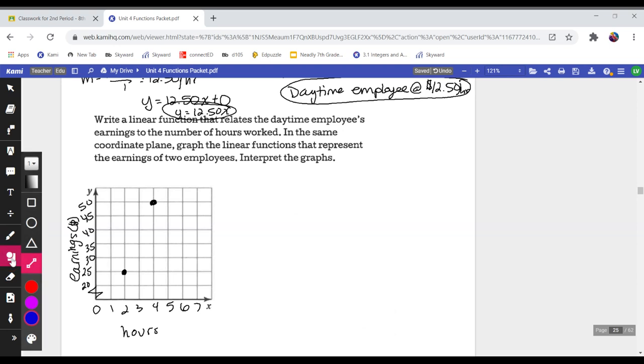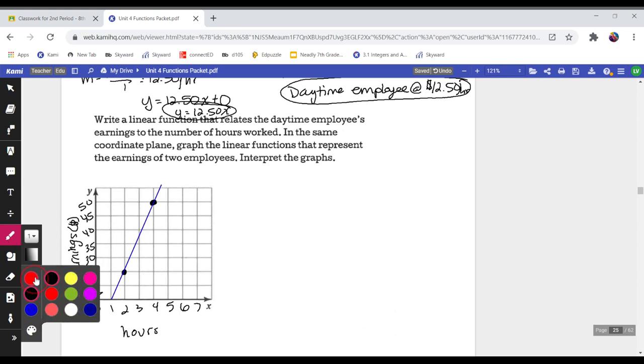And then I'm going to create my line that goes through my 2 points. All right, now I'm going to graph my other, and I should label this one as the daytime employee.